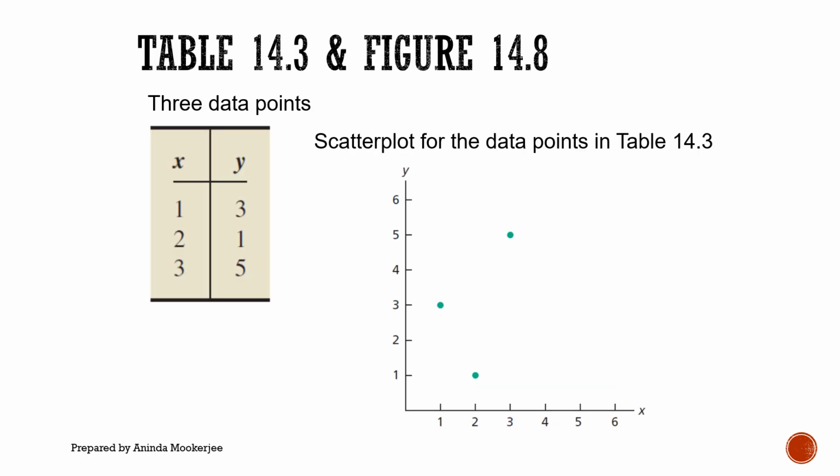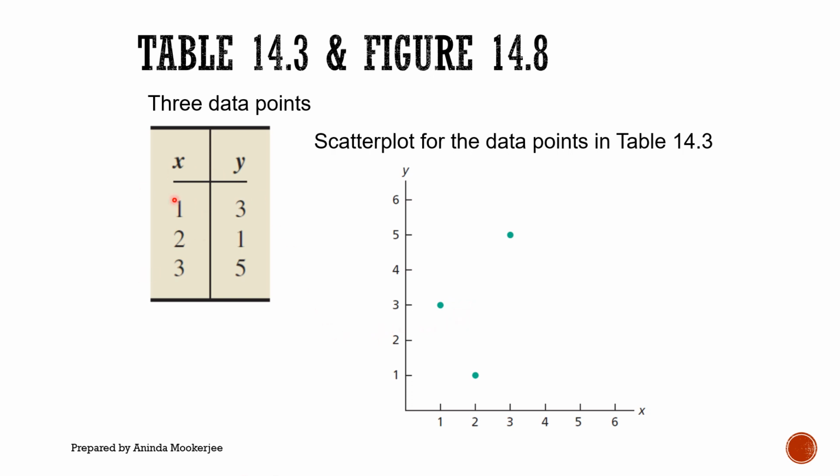Now, to decide on the line of best fit, we are going to work with a different, simpler example, just with 3 data points. Just to recap, in the previous slide, we said that we could force different lines through our scatter plot, and then we have to decide which one is the line of best fit and choose the equation related to that particular line.